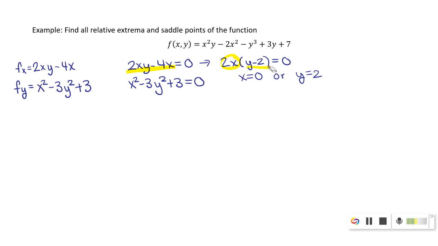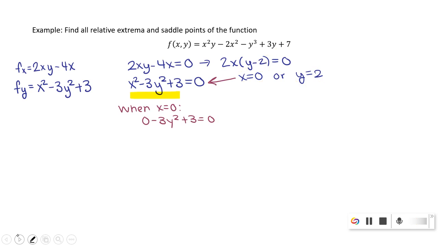If I set each of those factors equal to 0, I get x equals 0 or y equals 2. So my partial with respect to x will equal 0 if x is 0 or if y equals 2.